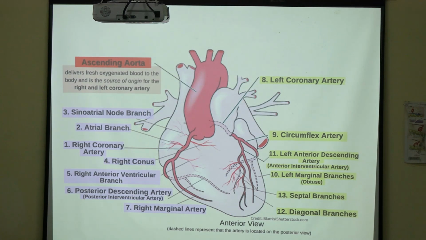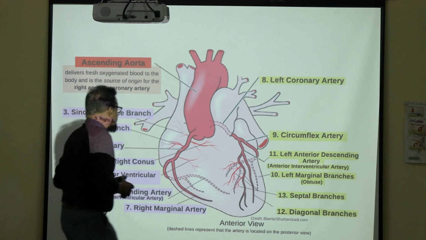The branch going to the back is the circumflex artery, the left circumflex artery, abbreviated as LCX, left C for circumflex. So it will be producing LCX.